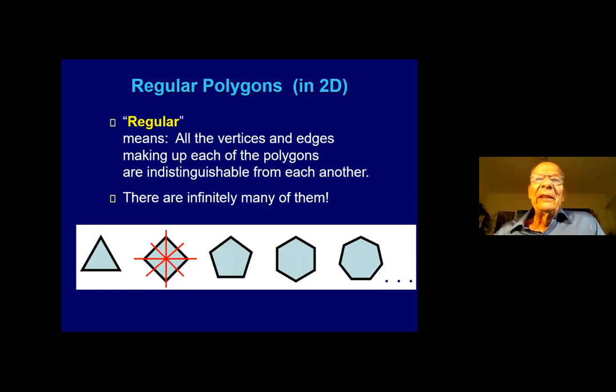So we can have equilateral triangles, squares, regular 5-gons, 6-gons, and n-gons for all higher numbers. They all have D_n dihedral symmetry with n mirror lines. There are infinitely many of these regular polygons.